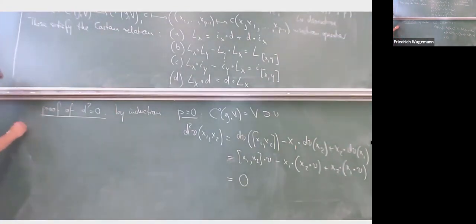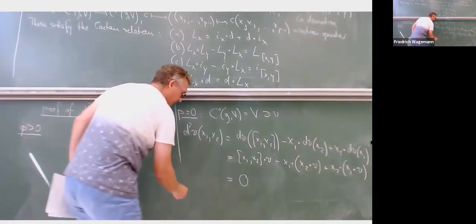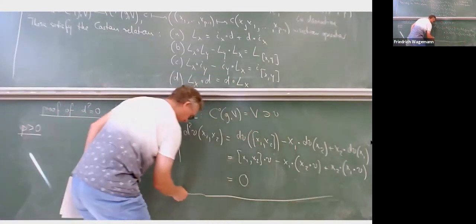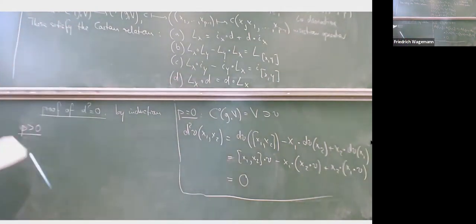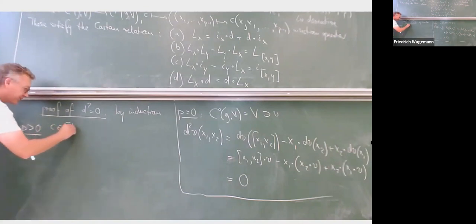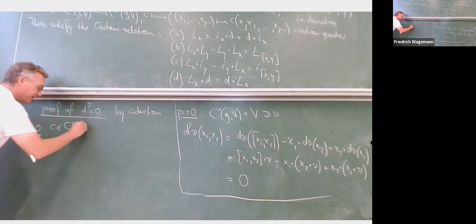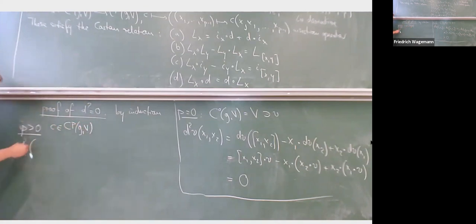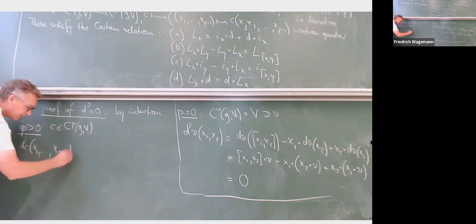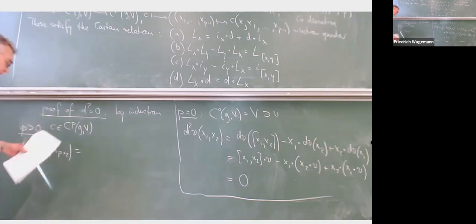And now p greater than 0. For p greater than 0, we want to compute, for C in C^p(g, V), d^2 of C evaluated on x1 to x_{p+2}.